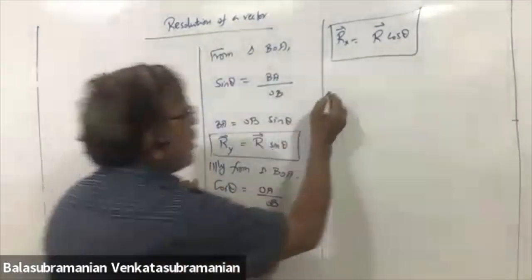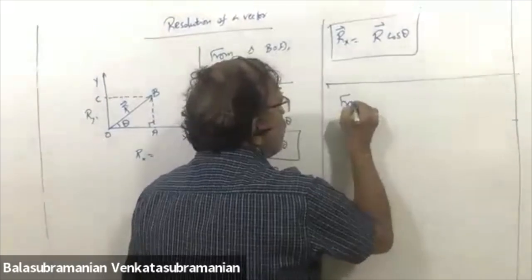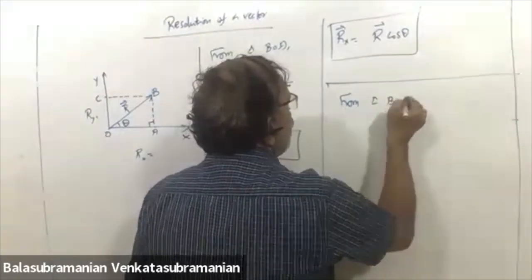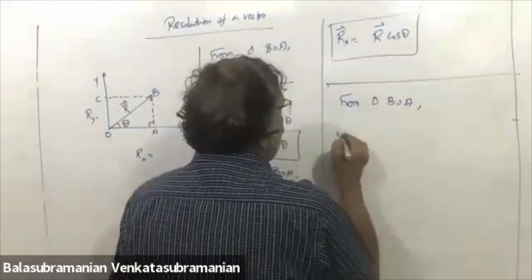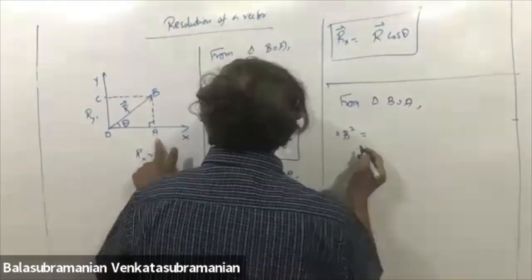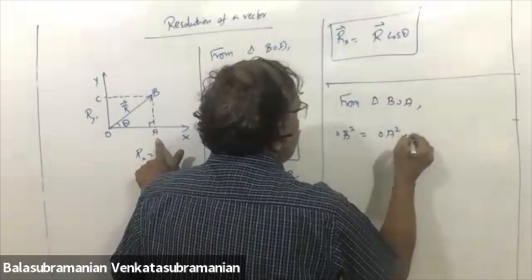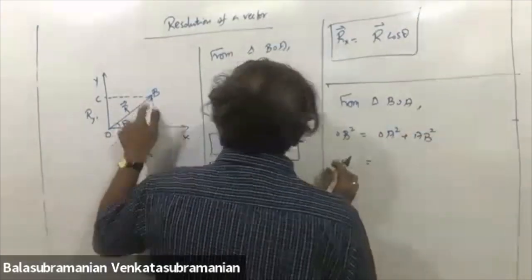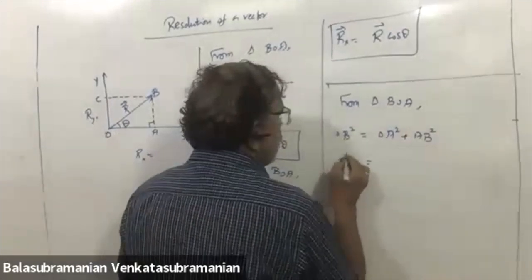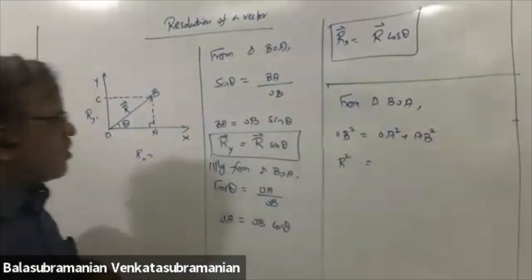From triangle BOA, by Pythagoras theorem, OB square is equal to OA square plus AB square. What is OB? R square. What is OA?